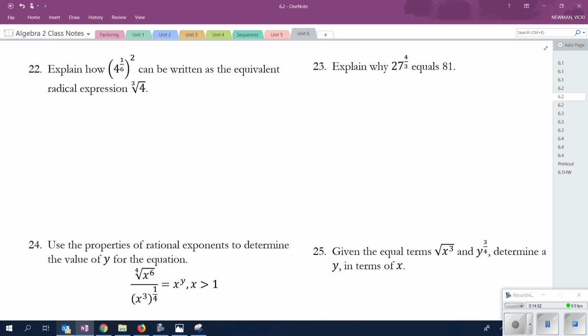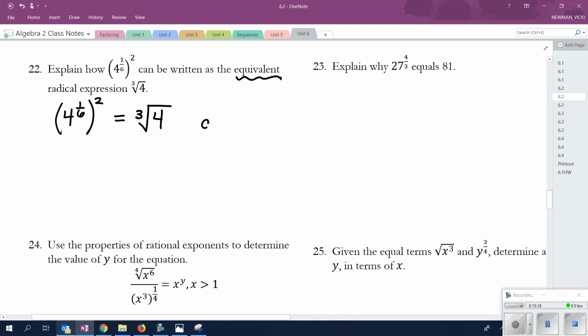You do something, the rule, you do something, the rule, right? That's how you were trained in geometry. So it says explain how this can be written as the equivalent radical expression. Okay. Well, they're telling us they're equivalent. So I'm going to say, all right, well, 4 to the 1/6 squared is equal to the cube root of 4. That was given to us.